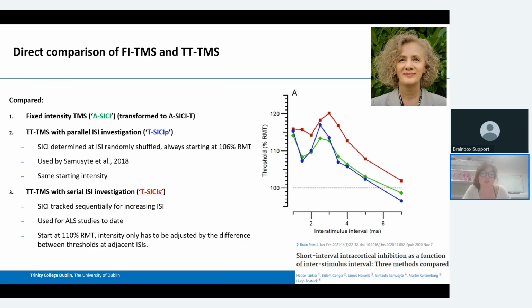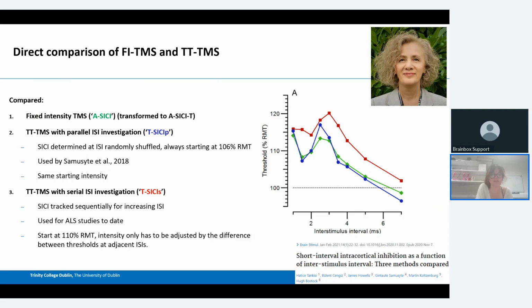So what they would do is look across all the interstimulus intervals at which you get SICI. So 1, 2, 2.5, 3, and so on. And to speed things up and for efficiency, it was designed so that first of all, you'd get the threshold at 1 millisecond. And then rather than resetting the algorithm, you would start off at that same stimulus intensity, whatever your threshold was for 1 millisecond.